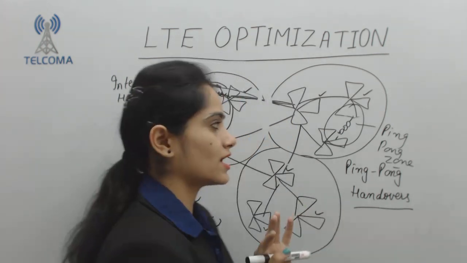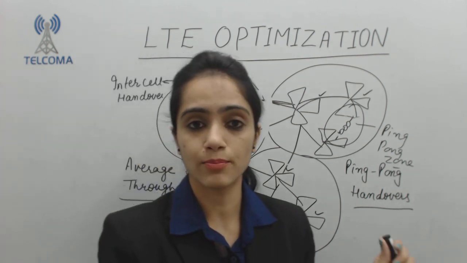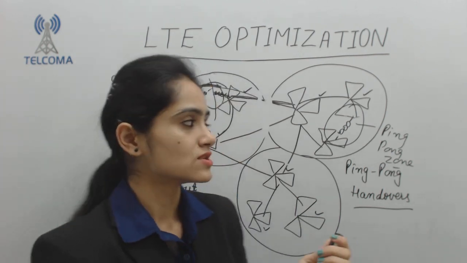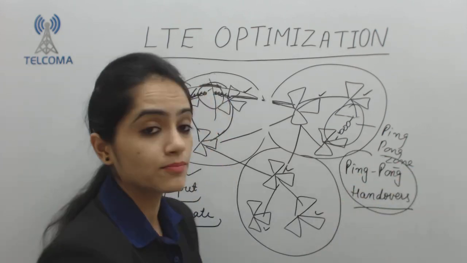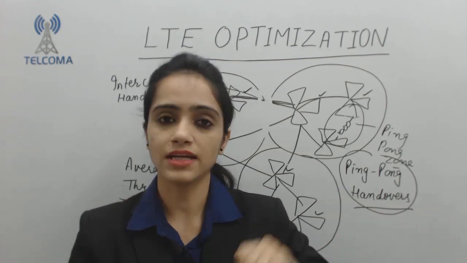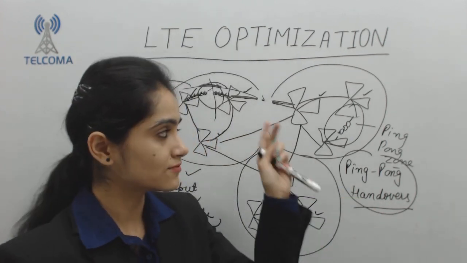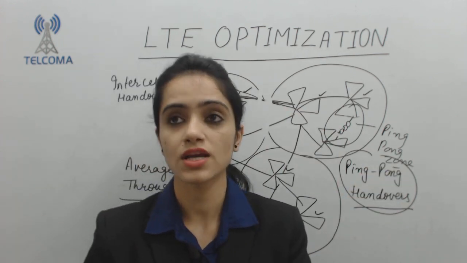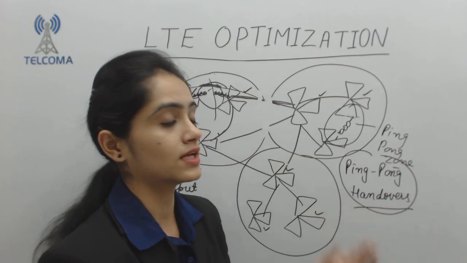That means RSRP is fluctuating because the UE is not able to find the appropriate cell to attach to. So you will have a problem here, and that type of handover is ping pong handover. And this zone is the ping pong zone, and we require finding all such zones and then optimizing why there are handover related issues and why there are ping pong handovers in this particular area.